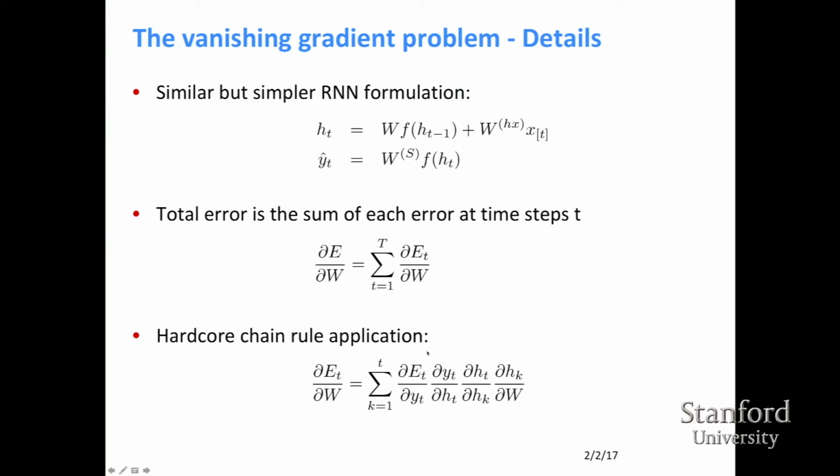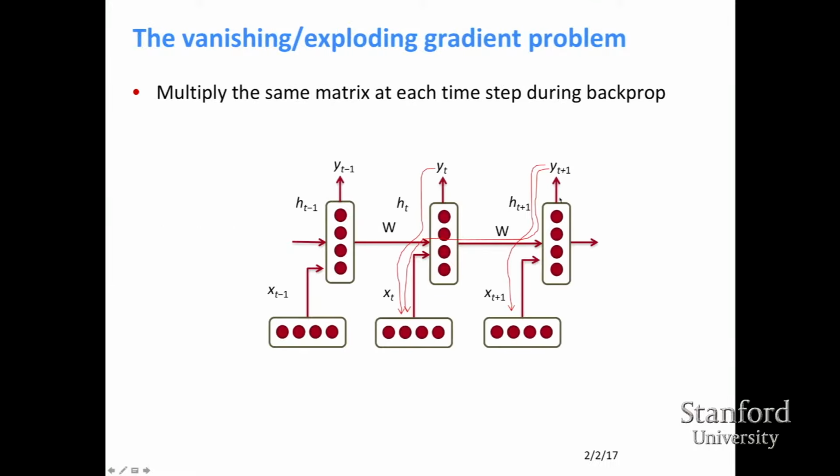So you have here the partial of the error E_t over y_t, the softmax output, or here these unnormalized score output y_t. But then you have to multiply that with the partial derivative of y_t with respect to the hidden state. So that's just this guy right here, for h_t.